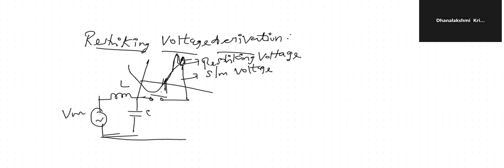This is the equivalent circuit, series inductance and parallel capacitance across the contact of the circuit breaker. This forms an LC oscillatory circuit.